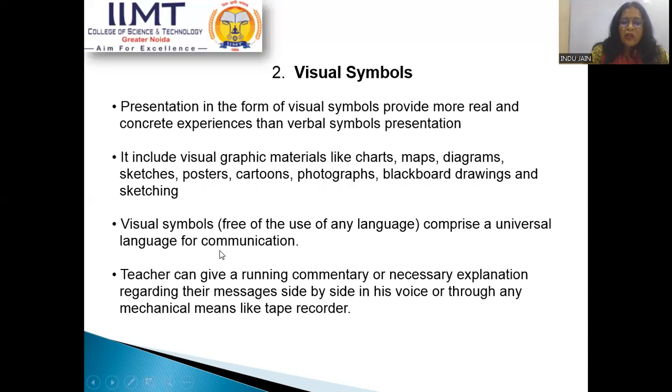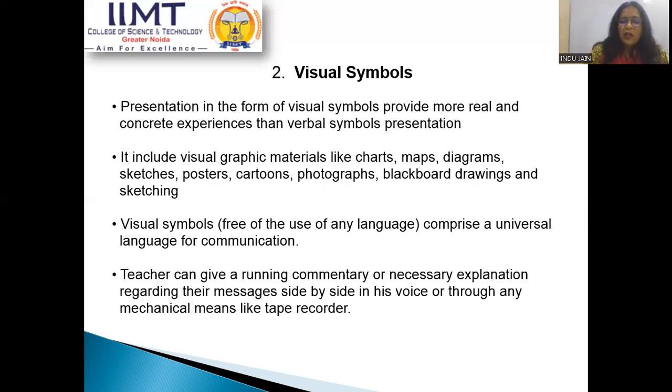The teacher can give a running commentary or necessary explanation regarding their messages side by side in his voice or through any mechanical means like a tape recorder. Or we can say that the teacher can use these visual symbols effectively in the classroom situation by explaining with those symbols.